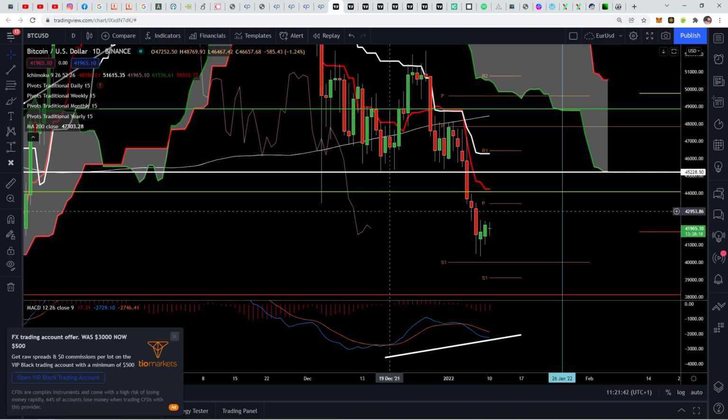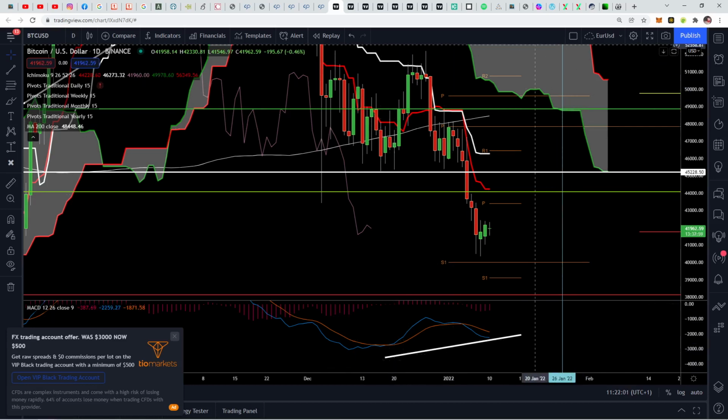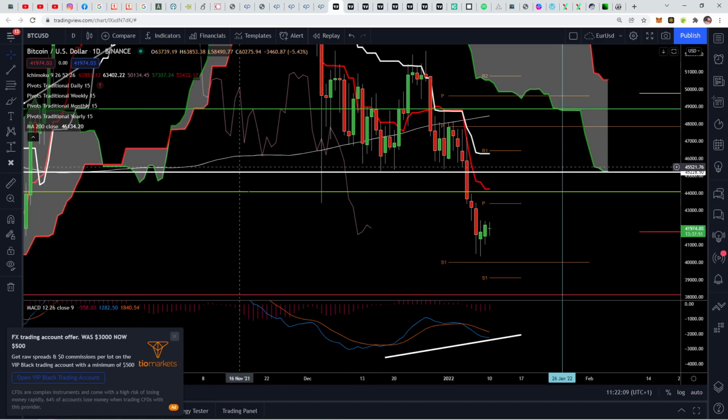That's another thing you have to add to the previous analysis of the cloud closes on the weekly time frame, which is an analysis in itself, where you have to add things like this. With my metrics I use MACD, I use pivots, I use the Ichimoku cloud, and I use the SMA 200, and of course also trend lines in between and support resistance levels.